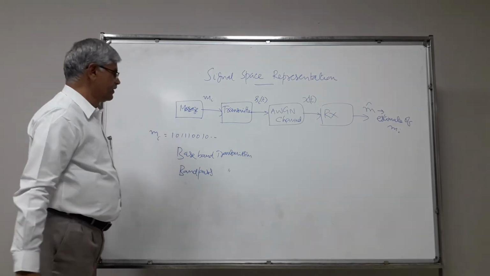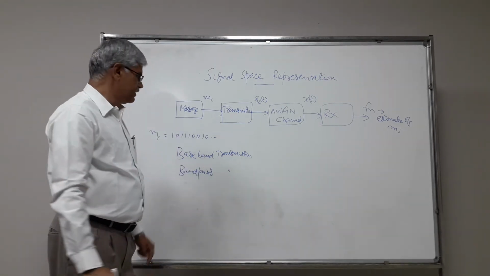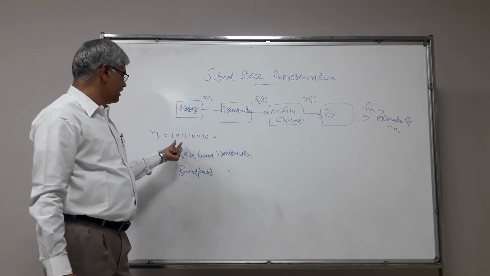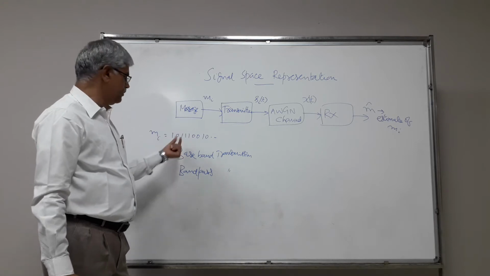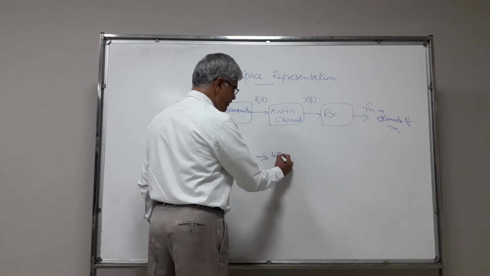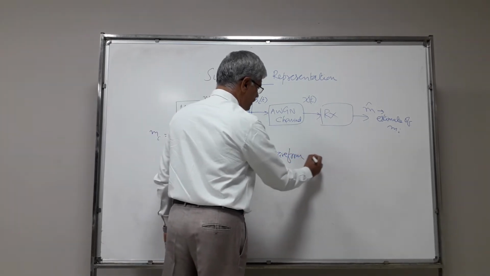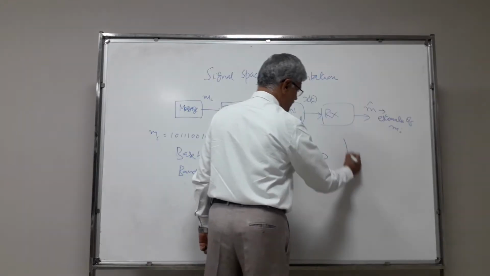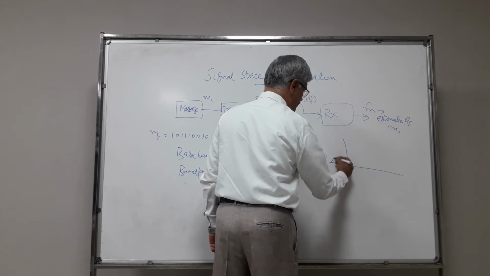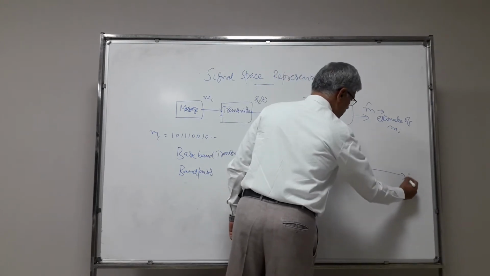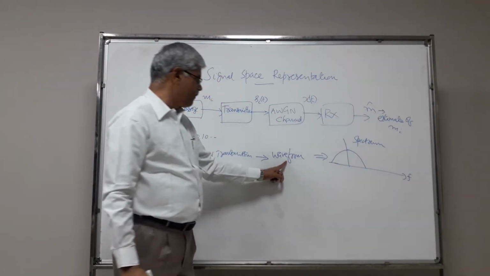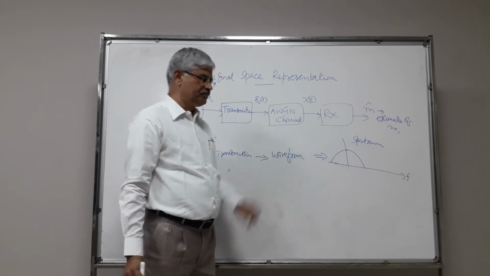In baseband transmission, we represent each of these messages with a waveform. The message could be bits, or it could be a group of bits, and so on. This will result in a waveform whose spectrum is like this, starting from 0. So you will use a waveform whose spectrum is of that nature.